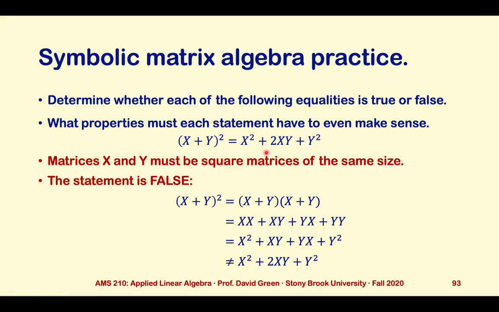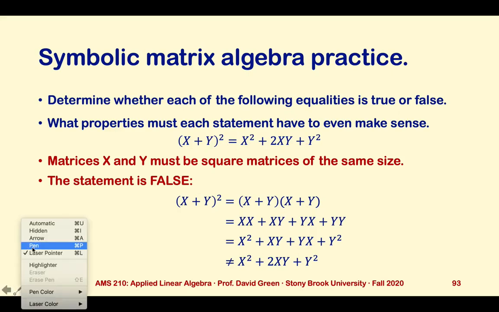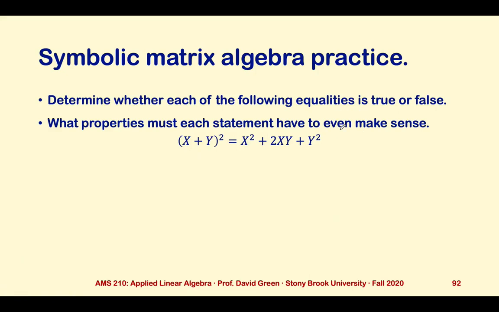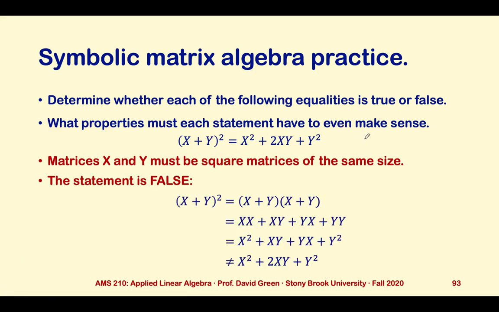Why? Powers of matrices only make sense for square matrices. If you think about the rule for how matrix multiplication works, what do we need for a matrix product to make sense?